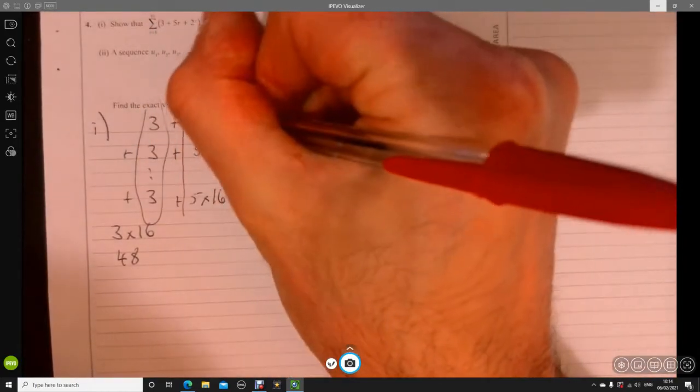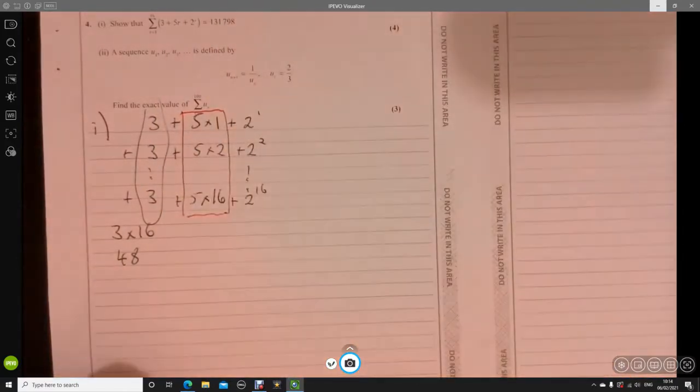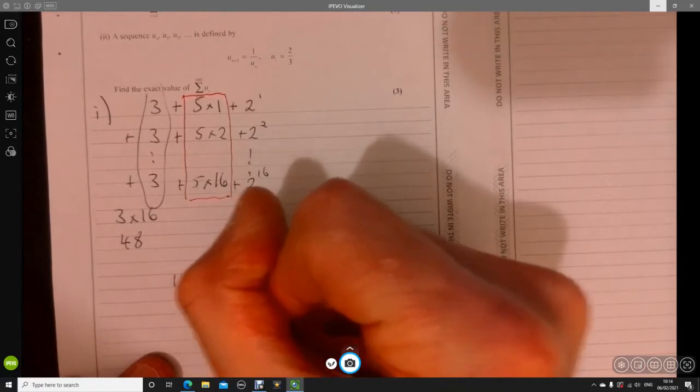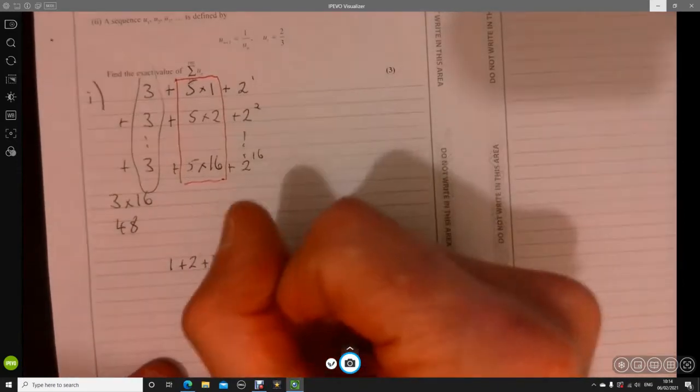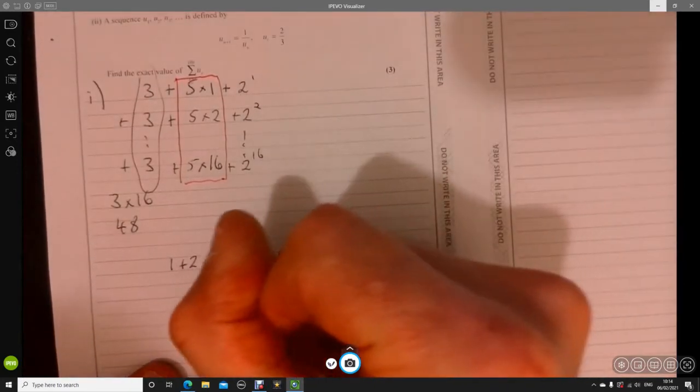Right, let's look at the second part of the question. So this part. So I need to work out what 5 times 1 plus 5 times 2 plus 5 times 3 is. Now, notice we've got 5 as a common factor. So really what I need to do is work out what 1 plus 2 plus 3 plus up to 16 is. Now, you should know that that's n squared plus n over 2.